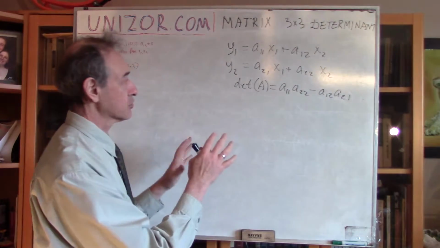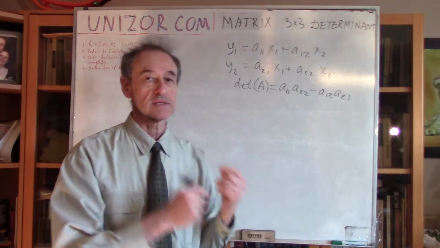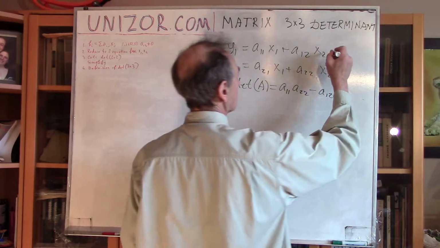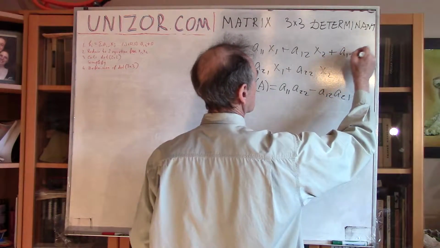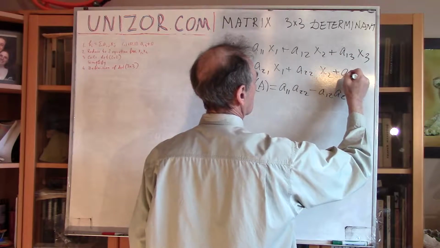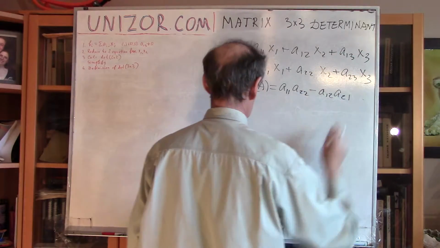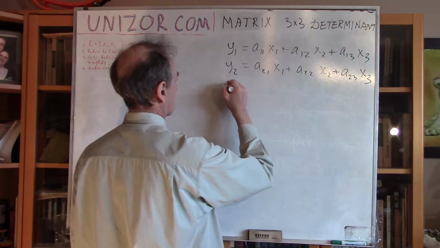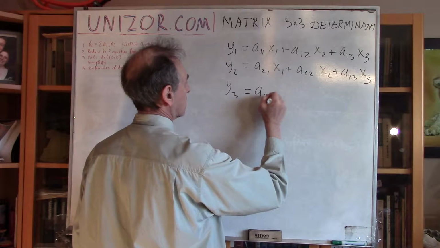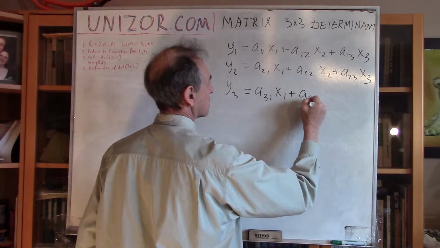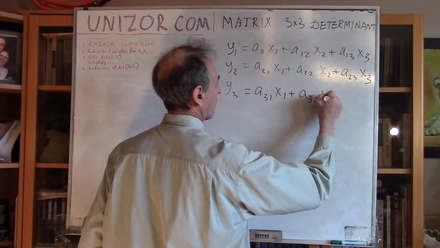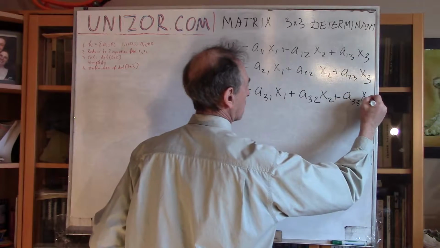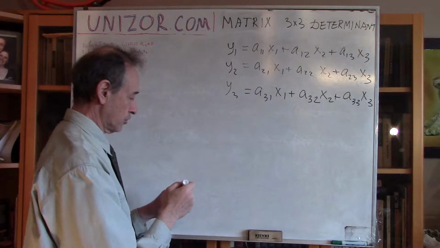Now, I would like to do exactly the same with the three-dimensional case. So I have three coordinates. My system of equations looks like this. So my matrix of transformation is 3 by 3 instead of 2 by 2.